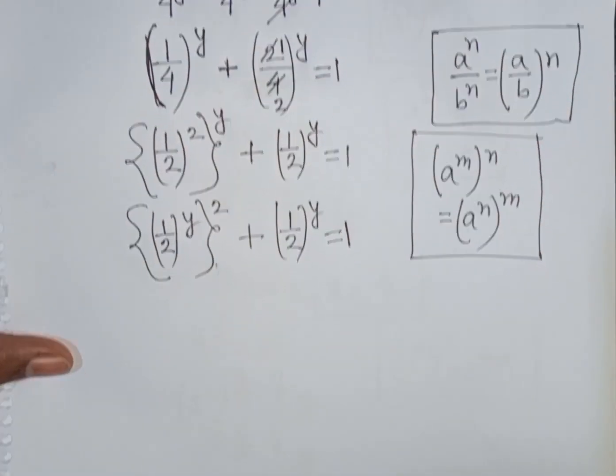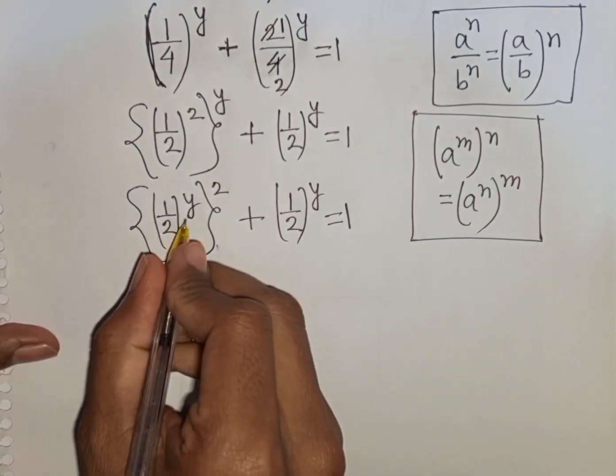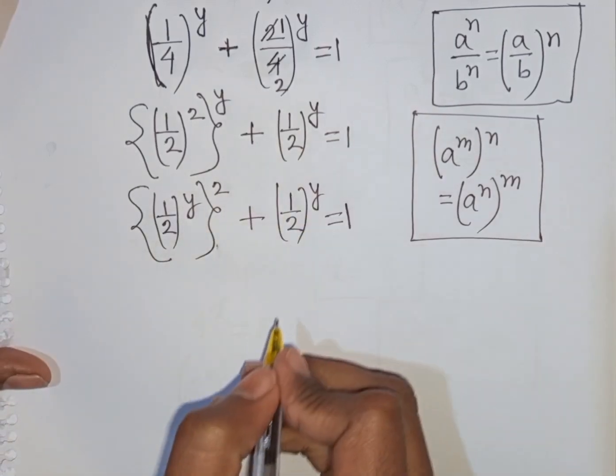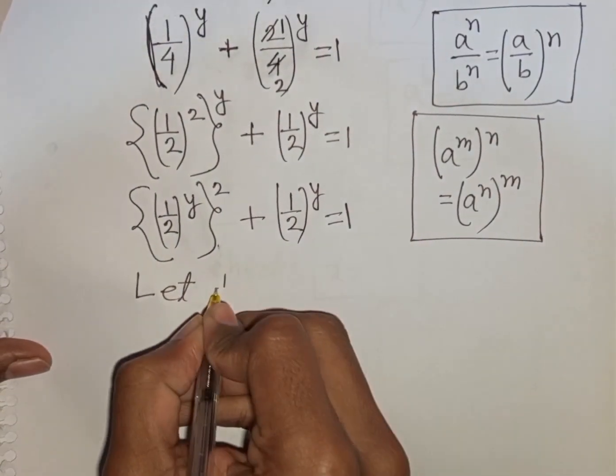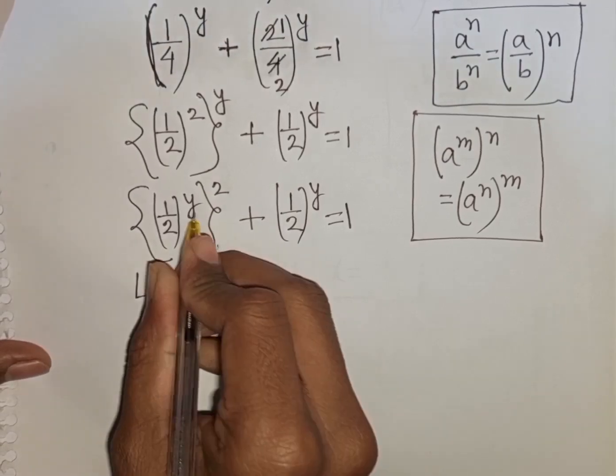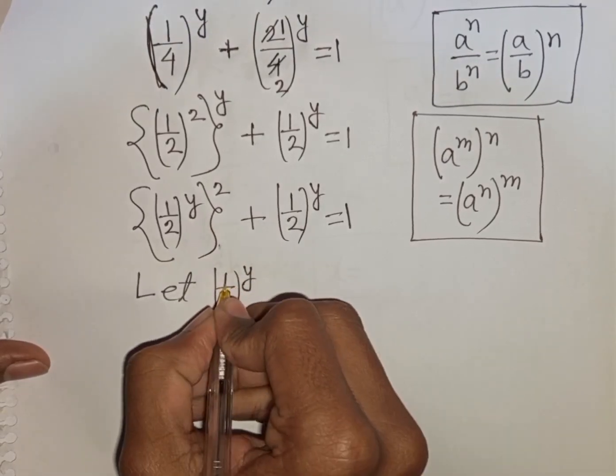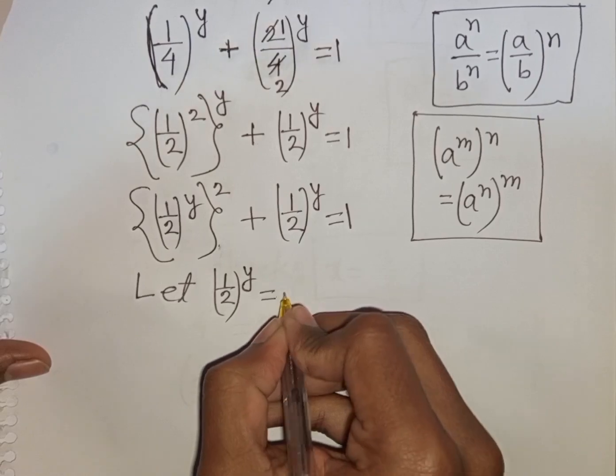Now we see (1/2)^y and (1/2)^y, both terms are the same. So let (1/2)^y be substituted by x.